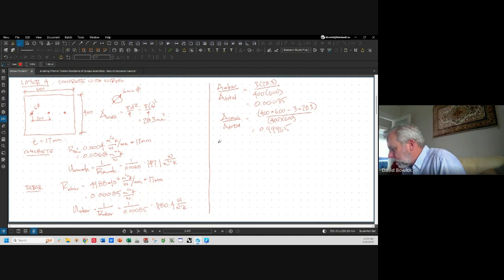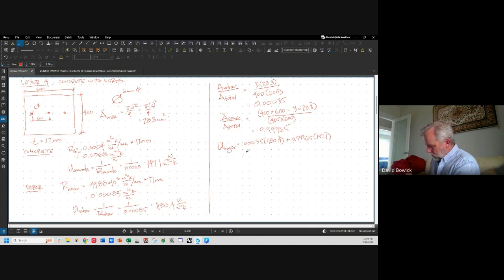So the U value of our layer equals 0.00035 times the U value of the rebar, 1180.4, plus 0.99965 times the U value of the concrete, 147.1, equals 147.5.